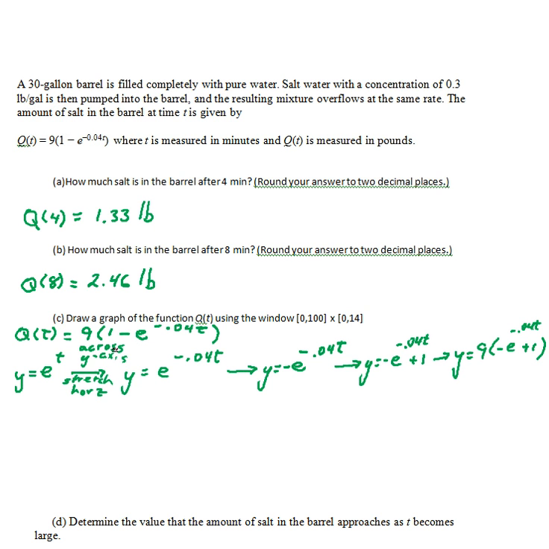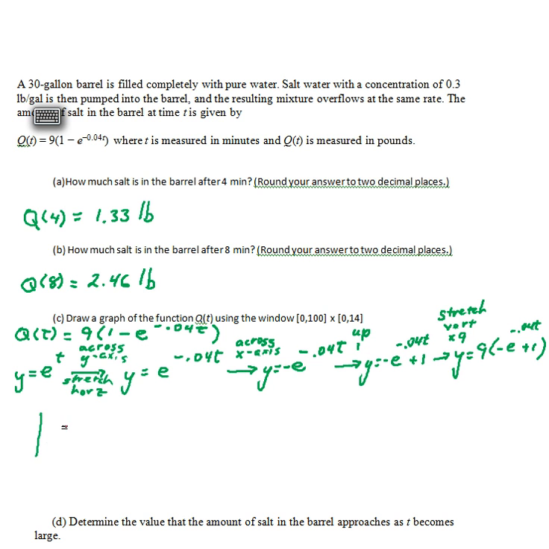Then we take the opposite of that expression, so we're going to go across the x-axis. We're going to add 1. That means we're going to go up 1. And we're going to multiply by 9. So we're going to stretch vertically by a factor of 9.